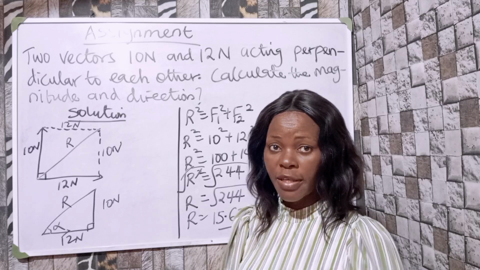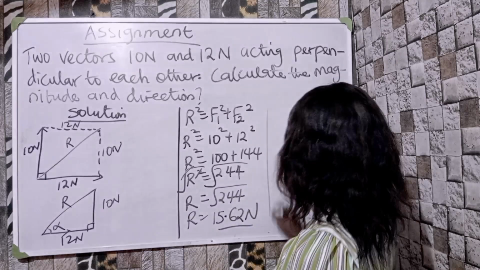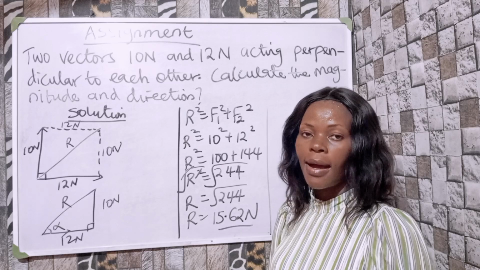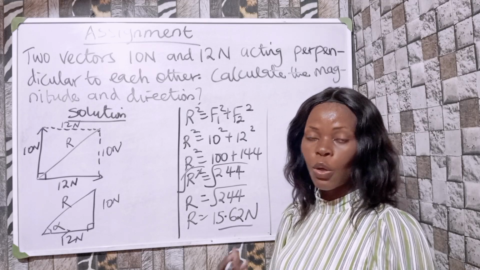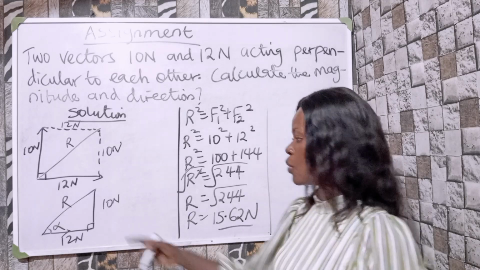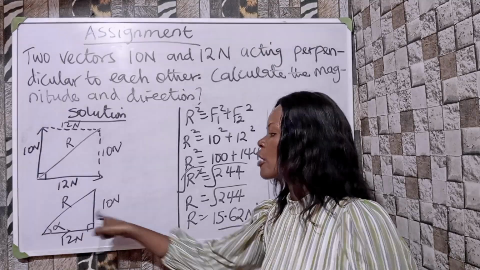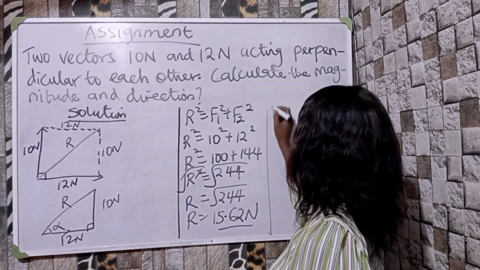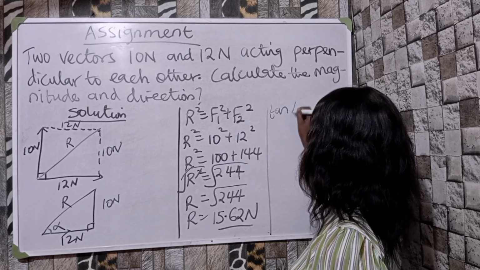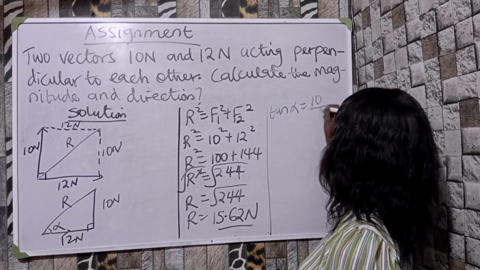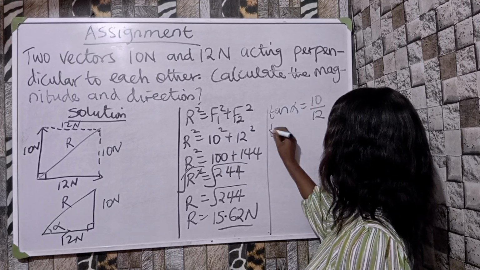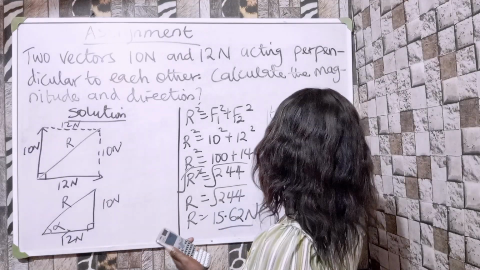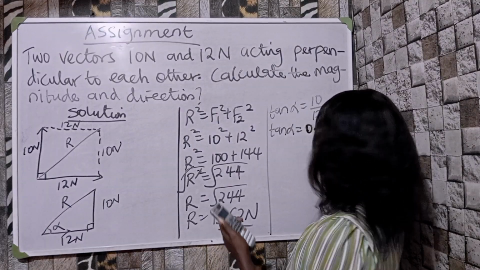So let me solve for the direction. Remember, I'm going to use trigonometry, or tan. Tan is opposite over adjacent. Opposite to this angle is 10, while the adjacent to this angle is 12. So tan alpha is equal to 10 over 12. Tan alpha is going to give me 0.88.